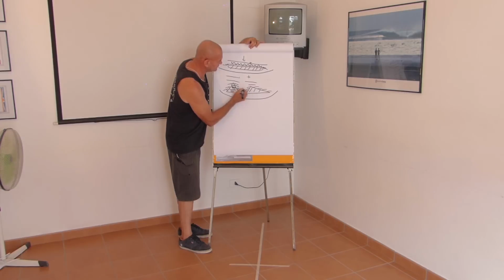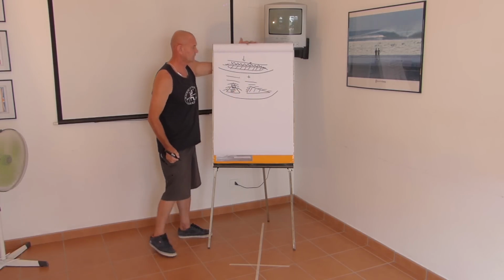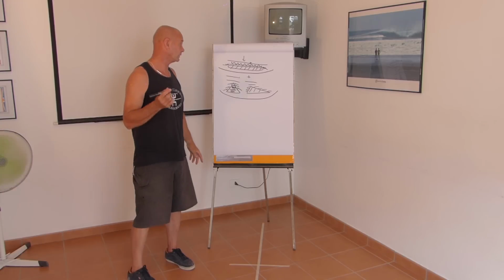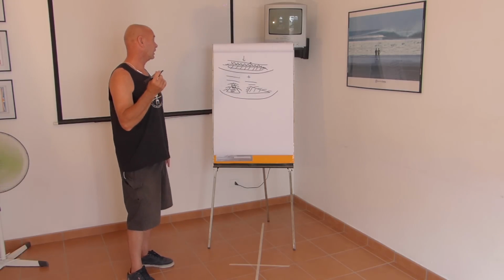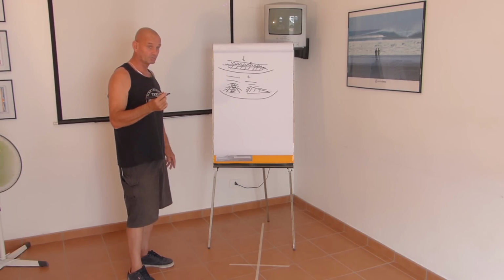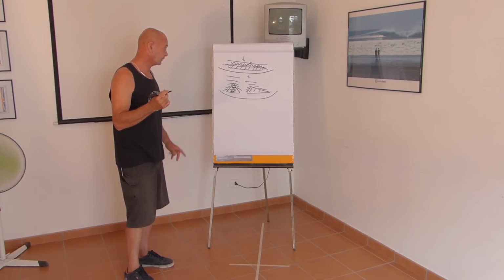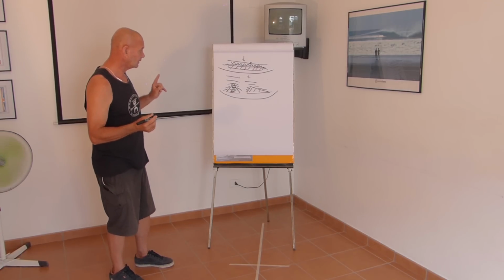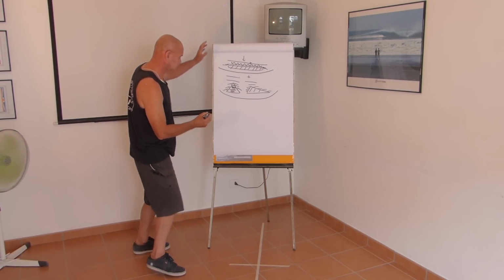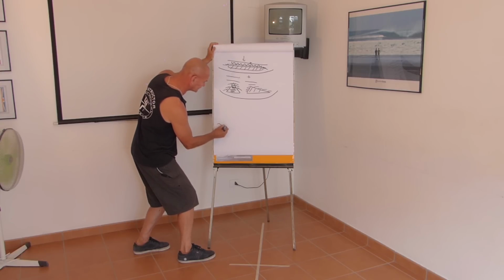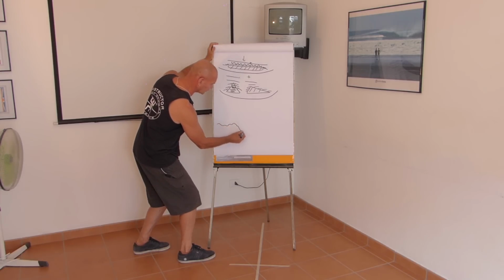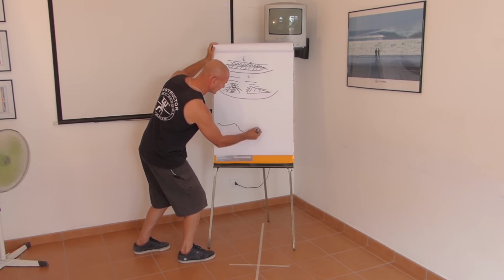Now, we can take this triangular shape, and we can look at reef breaks and point breaks. Now, I'm going to draw a bit of land here. This land is very similar to what we've got here at a place called La Santa.